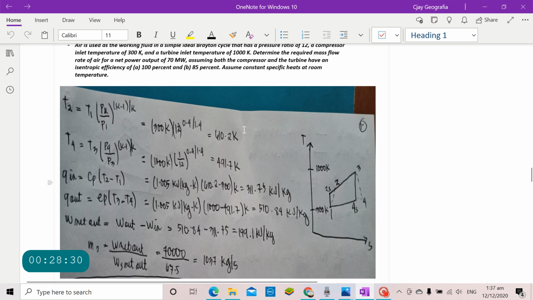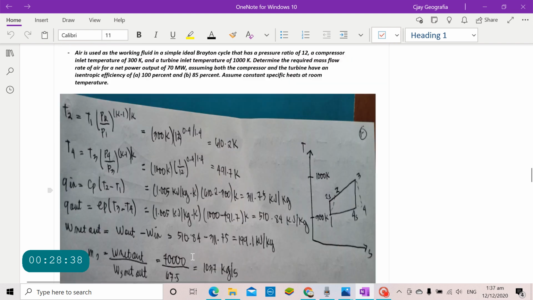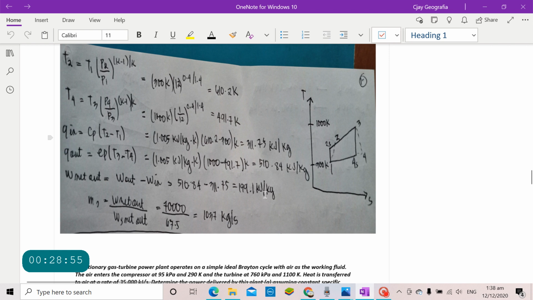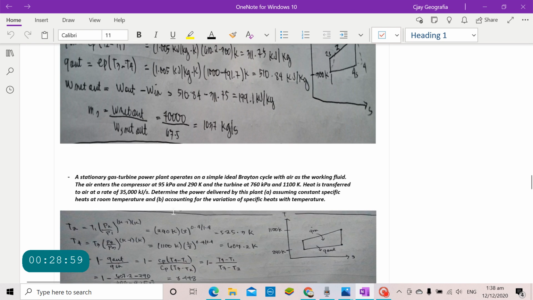So 70,000 over 67.5, and then you will get 10,370, because it's 70,000, then 85% of that, the 85% of the unit out, so you will use 1,037.